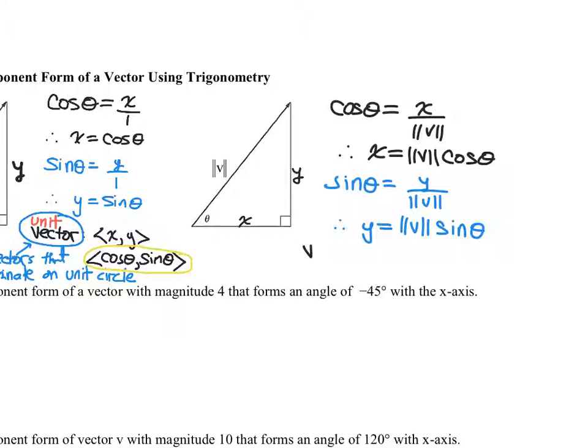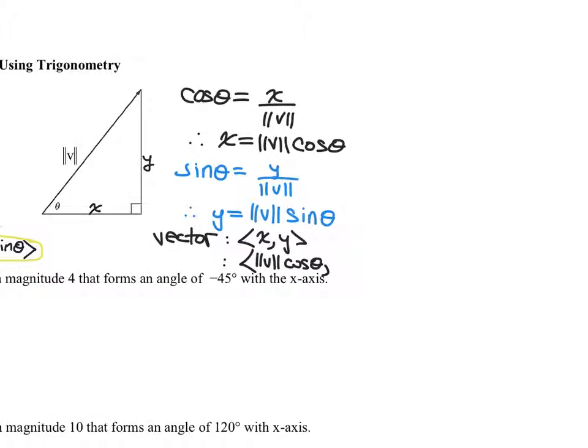So the vector normally is in the form, I guess I can make that an E, again, of x comma y. And we just established that x is the magnitude of v cosine of theta, and y is the magnitude of v sine of theta.